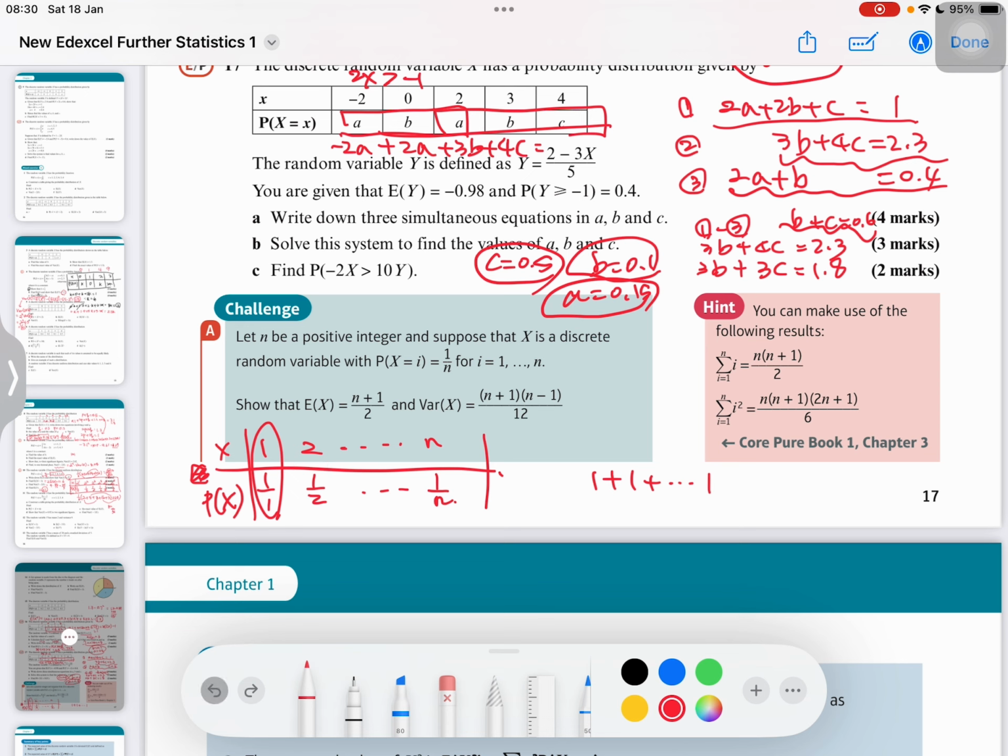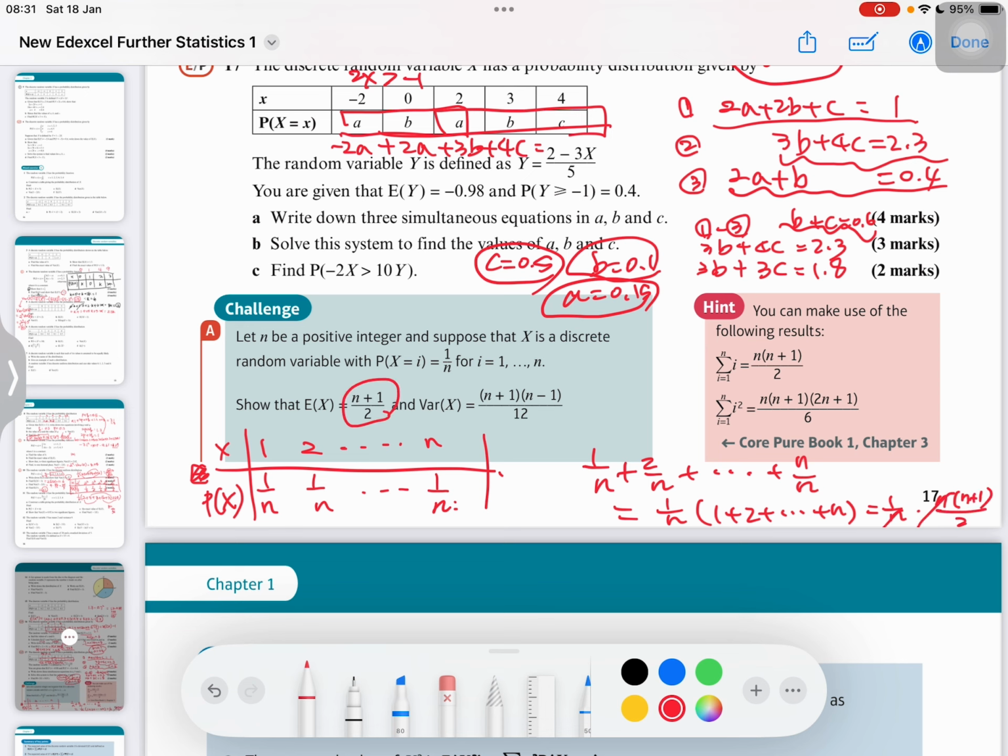Sorry, I made a mistake. This is not 1 over i, this is 1 over n. So 1 over n, 1 over n, 1 over n. So the expectation is 1 over n plus 2 over n plus n over n, which means 1 over n times 1 plus 2 plus n, which is 1 over n times n plus 1 over 2.